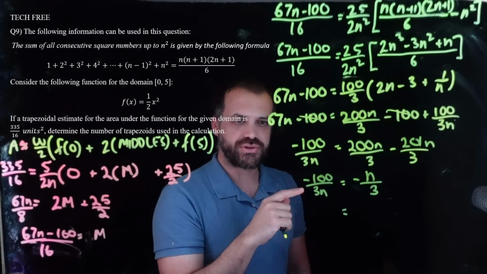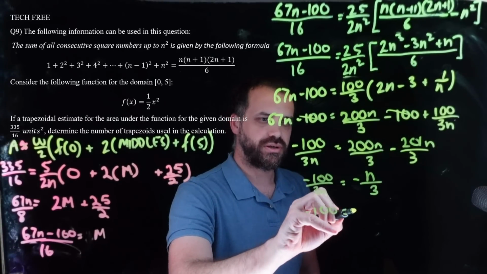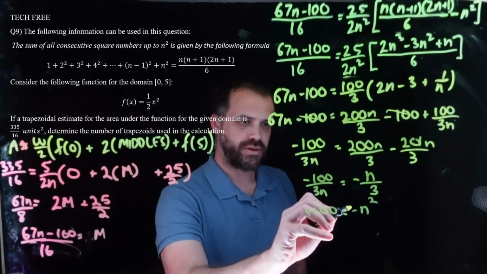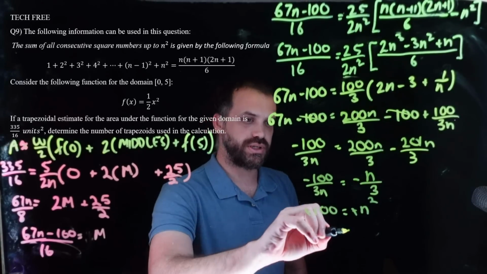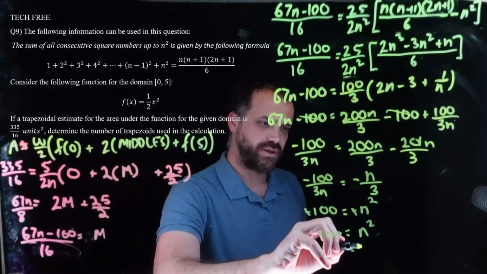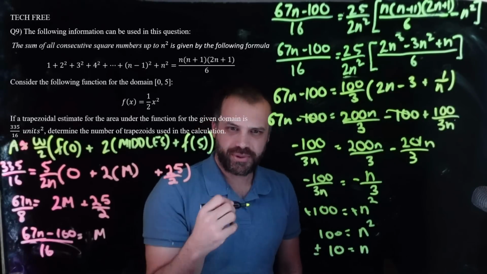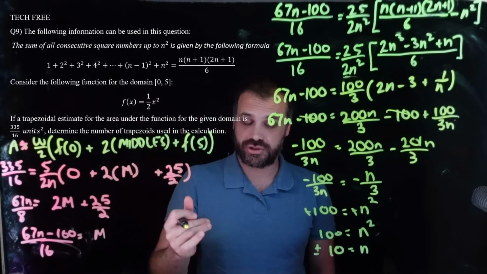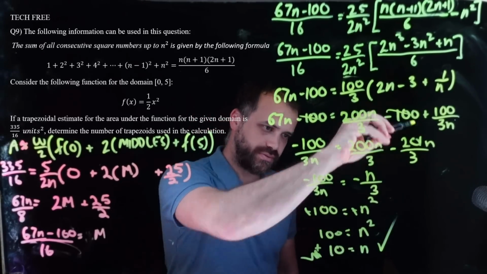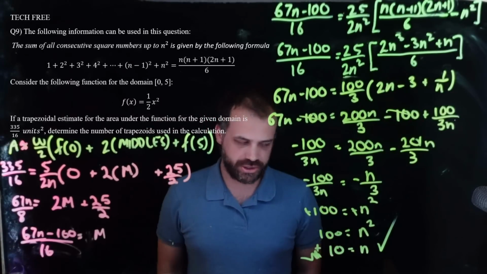And multiplying both sides by n would give me negative n squared equals negative 100, so n squared equals 100, n equals plus or minus 10, but we're talking about a number of strips. Reject the negative, 10 strips.